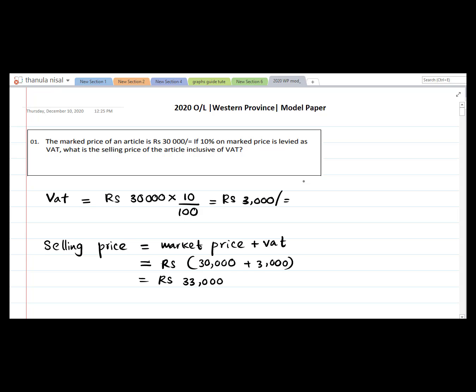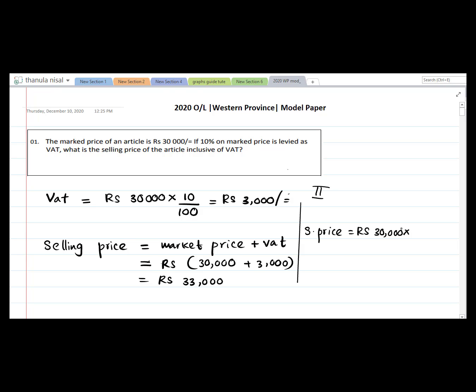Or else we can directly get the selling price. How to do that? Just multiply 30,000 by, here the tax rate is 10%.